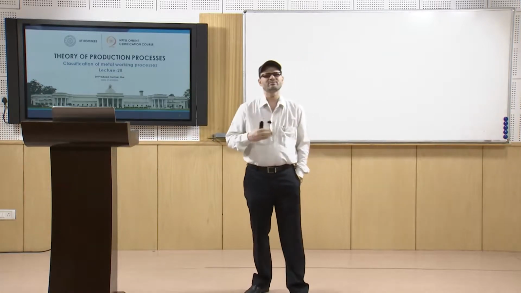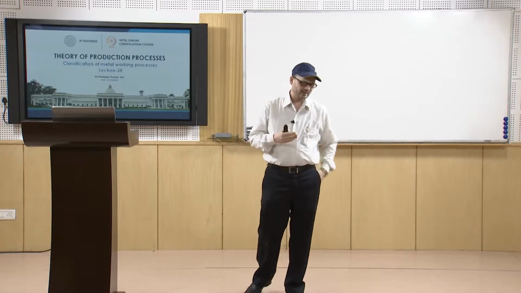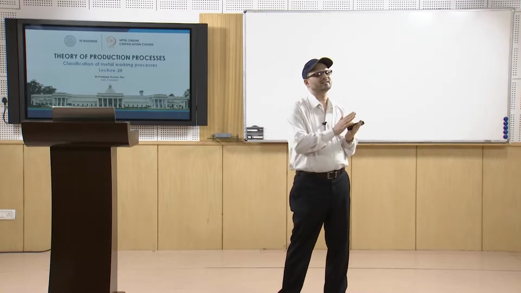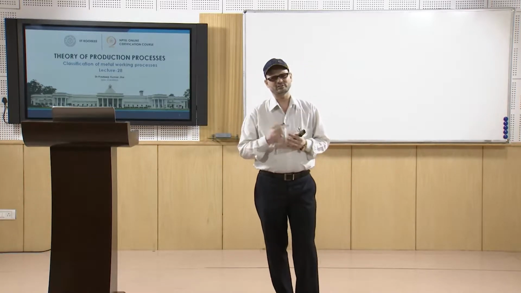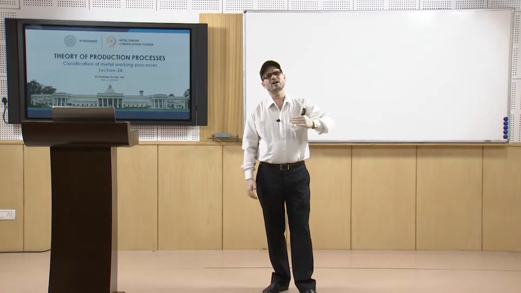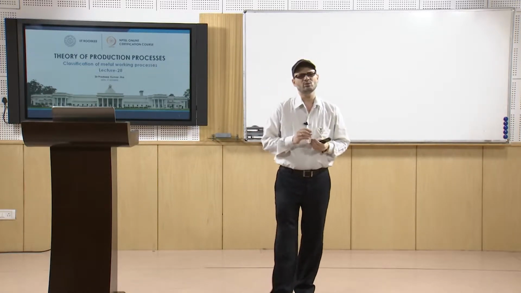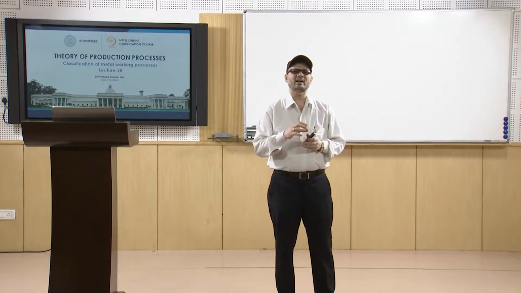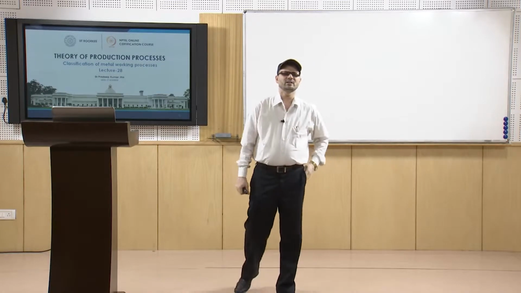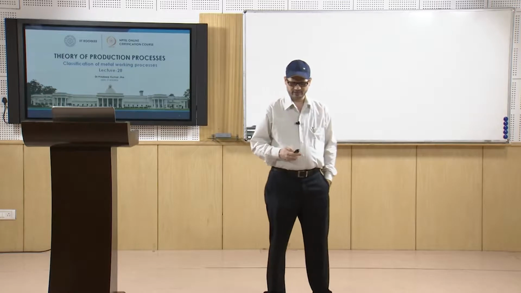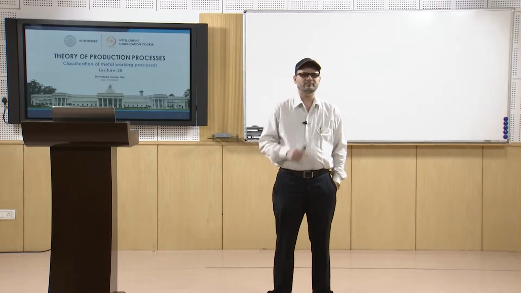You can also define that in certain cases strain hardening takes place and in certain cases it does not. In hot working the strain hardening does not take place, whereas in cold working the strain hardening takes place. This way you can classify the metalworking processes and categorize them, and we will discuss them one by one.